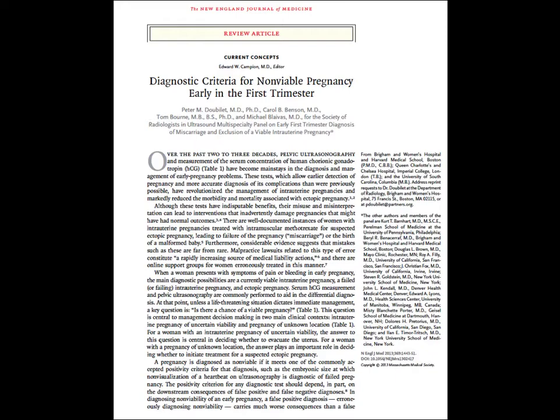The authors were concerned that the criteria that's currently out there is too strict and is going to lead to termination of potentially viable early pregnancies through the use of methotrexate. So what they were recommending is broadening out the criteria for definitive as well as suspicious criteria for the diagnosis of a non-viable pregnancy.